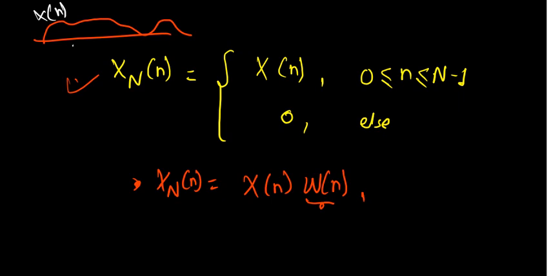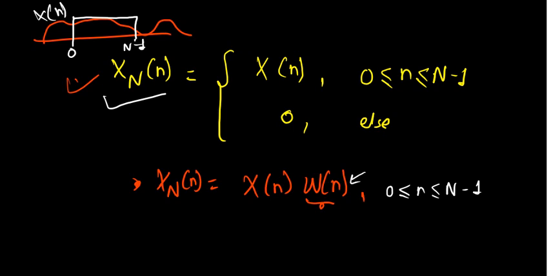If I multiply it with a finite window from 0 to n minus 1, then I will get this sequence, right? That we already defined: from the given x of n, we are just truncating it. First, let me write the limit of n: n is from 0 to n minus 1, and w of n is nothing but a rectangular window.